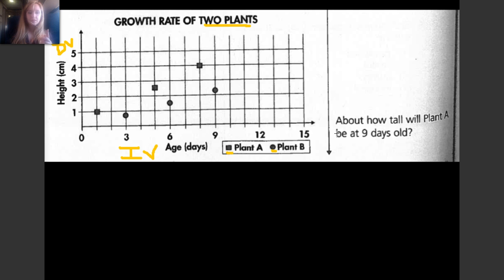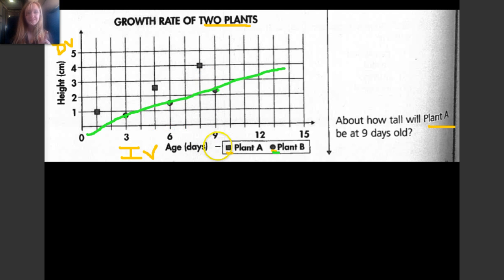Well, let's look at our question. The question asks, how tall will plant A be at 9 days old? Well, if I didn't do a good job of looking at my key over here, I may have thought about plant B. And plant B is those circles. So we got 1, 2, 3, right? And I can actually make a really nice line, a little bit nicer if there was a ruler instead of my finger.